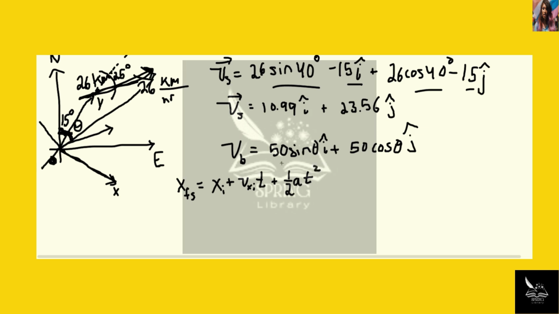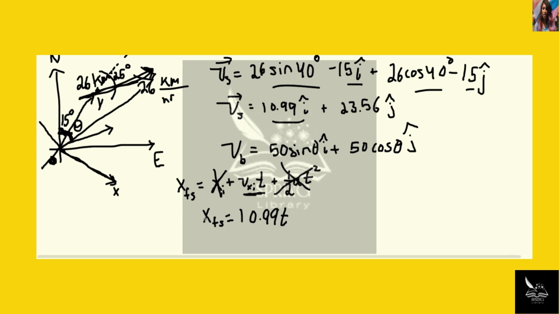It's moving at a constant velocity, so this part will go to 0. And we can also set our initial part as 0. So x final for the ship will be equal to this velocity times time, which we already know the velocity in the x direction initially is 10.99. So 10.99 times t. Just this part right here.